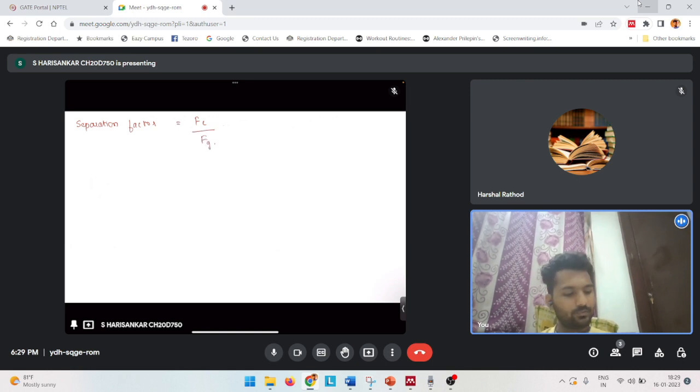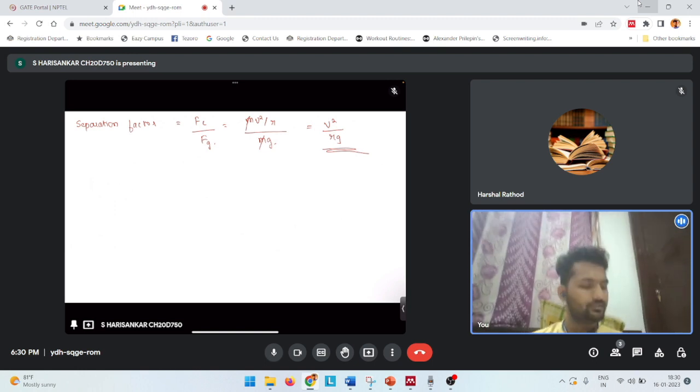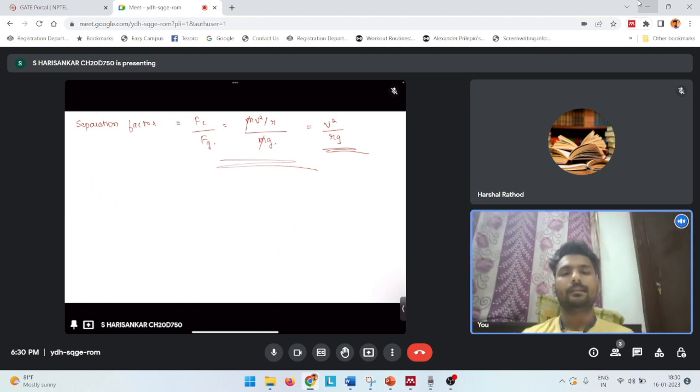The centrifugal force was m v square by r, and the gravitational force was mg. So you can cancel m and m, and it will be v square by r g. This is called the separation factor of a cyclone separator.